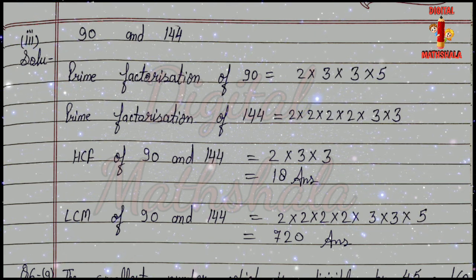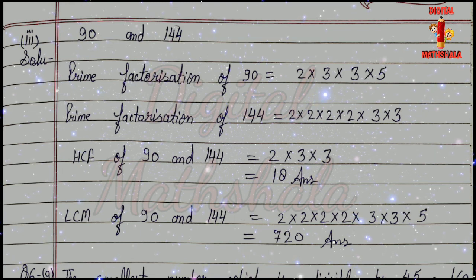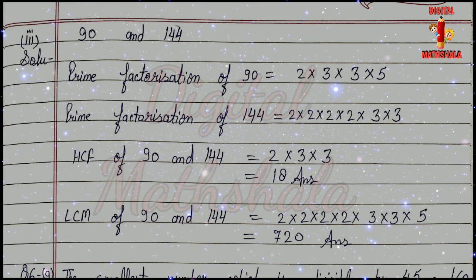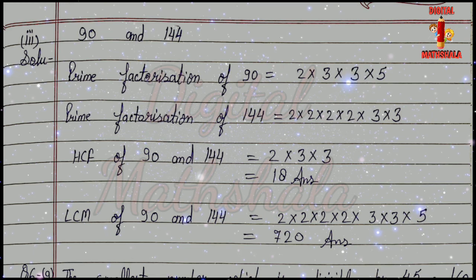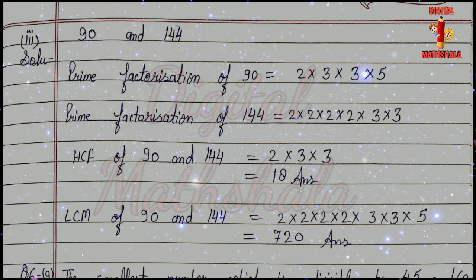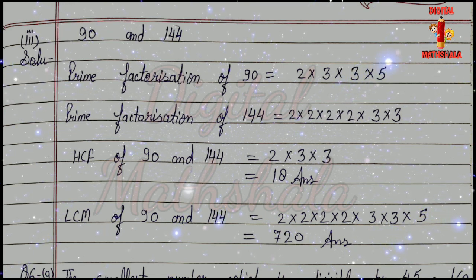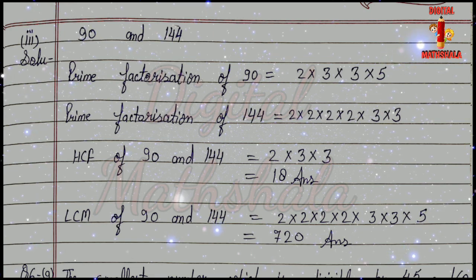And 5 appears one time in the factorization of 90, so we will take 5 one time. When we multiply, we get 720, and that is the LCM of these two numbers.